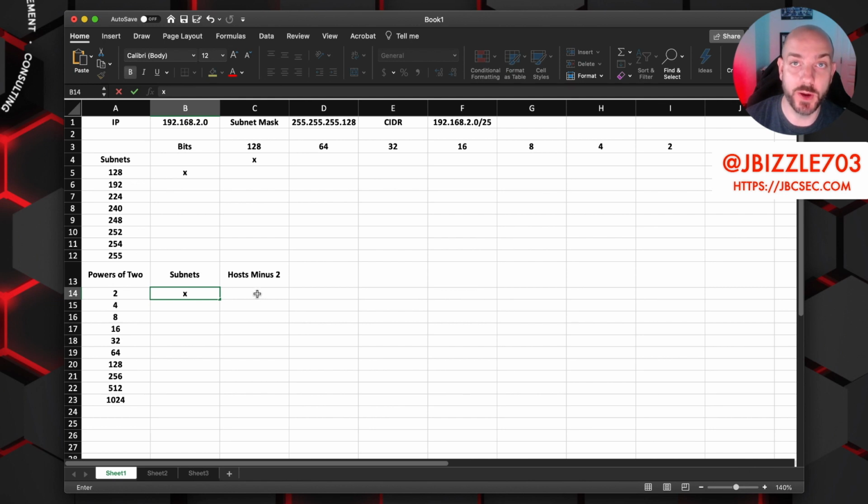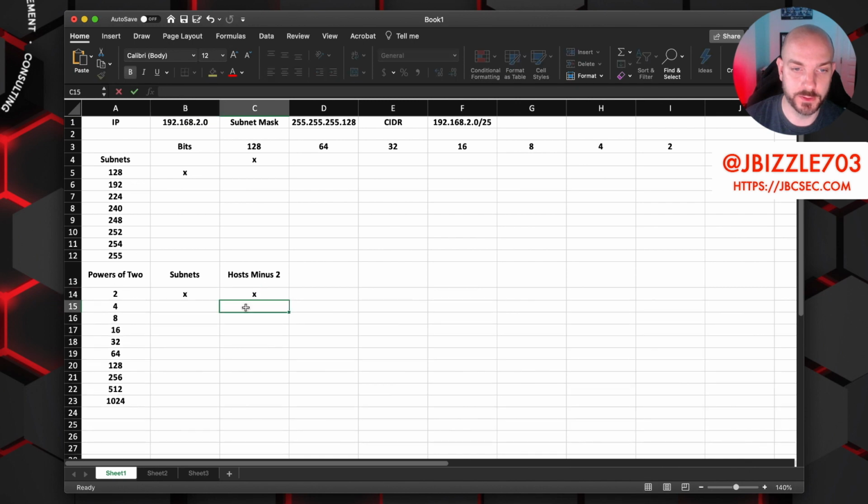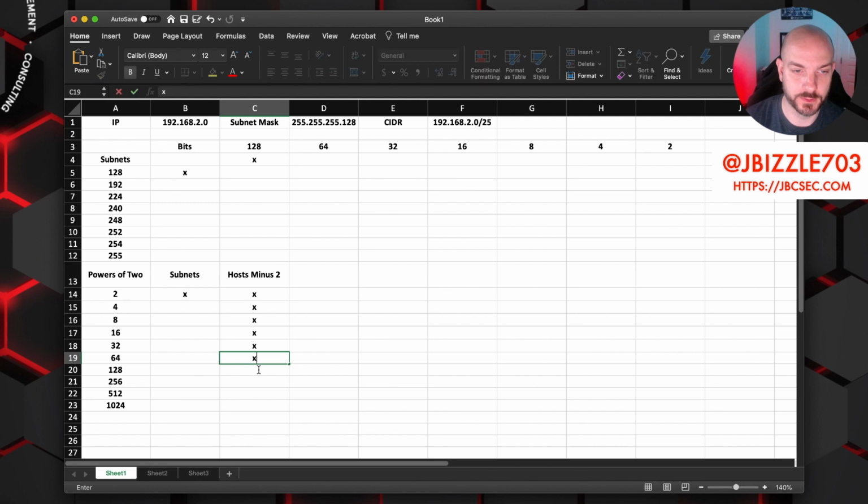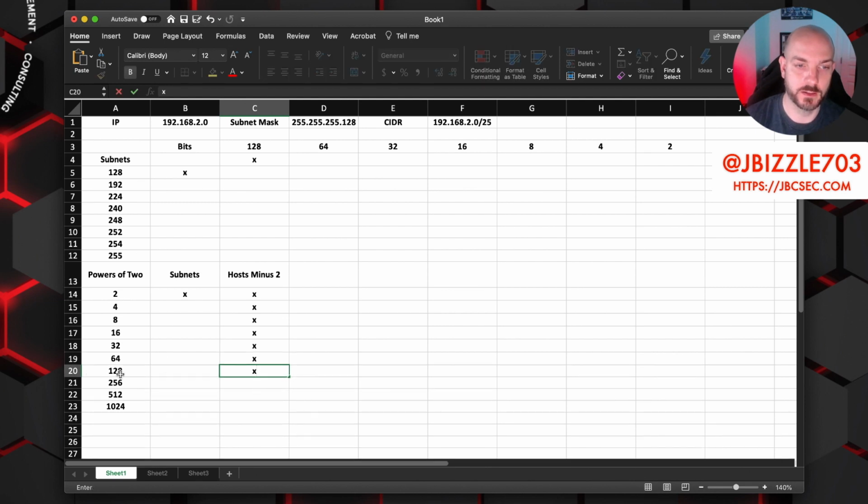And then we're going to go 8 minus the 1 that we did here. So 1, 2, 3, 4, 5, 6, 7. Right? So that's going to give us 128 IP addresses. And again, host minus 2. So that's going to give us 126 usable IP addresses in a /25 subnet.